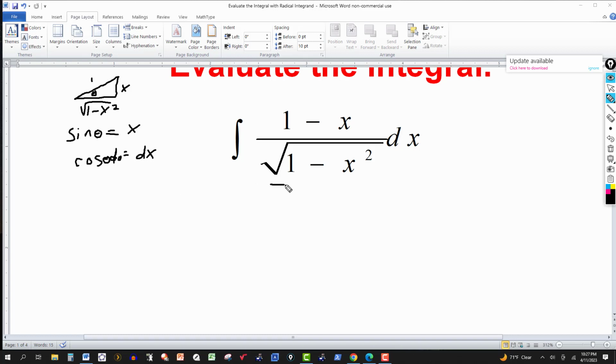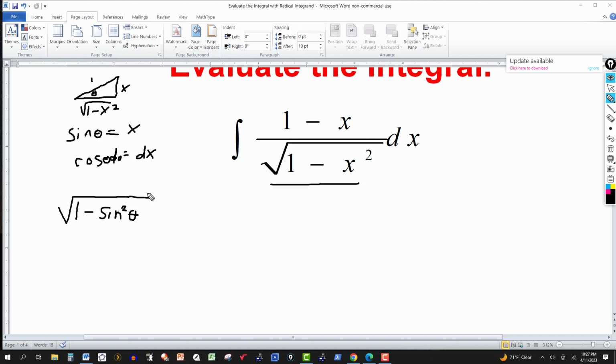So let's look at the radical first of all. Got 1 minus x squared, and x is sine. So for the radical, I'm going to have the square root of 1 minus, and then x is sine, so this will be sine squared theta. And by now you're realizing that when you're solving these types of problems using trig substitutions, you've got to be familiar with your fundamental trig identities.